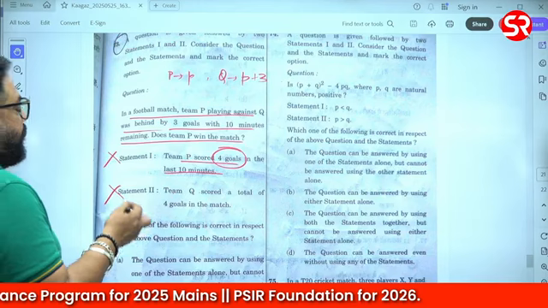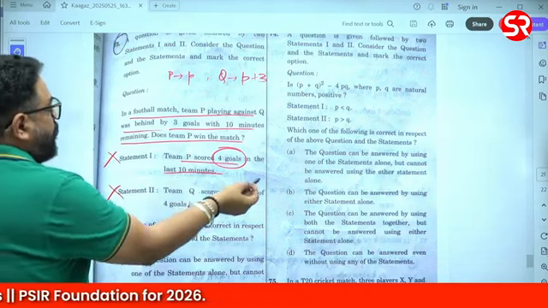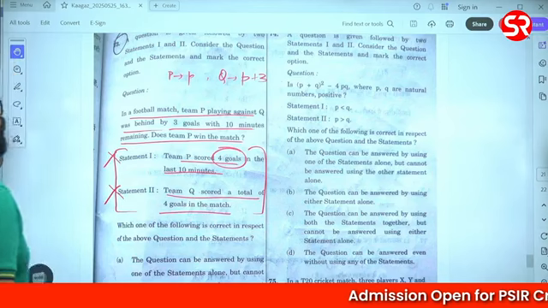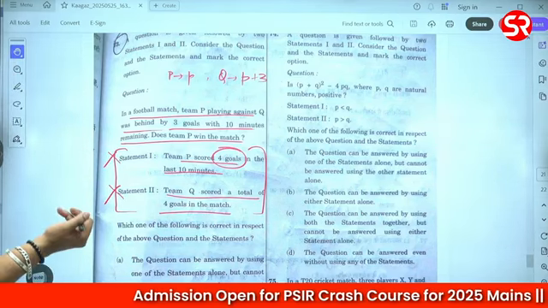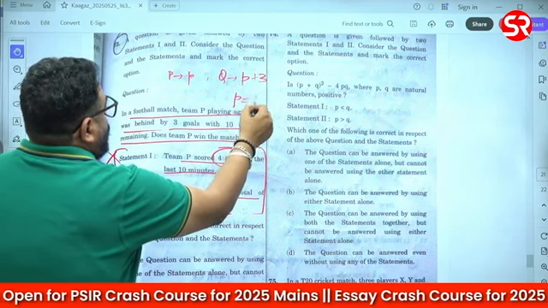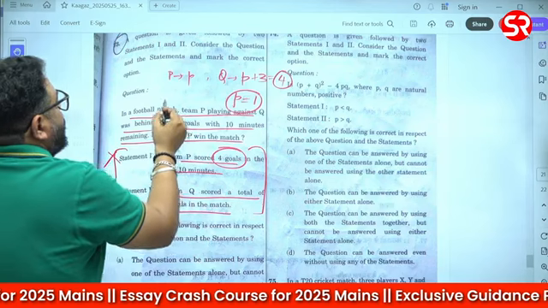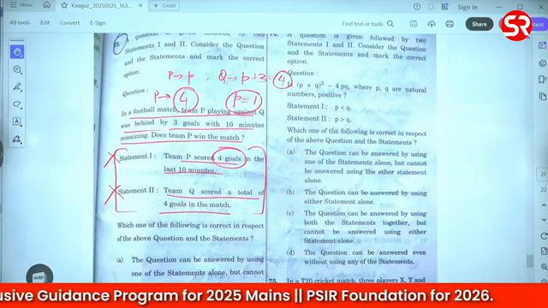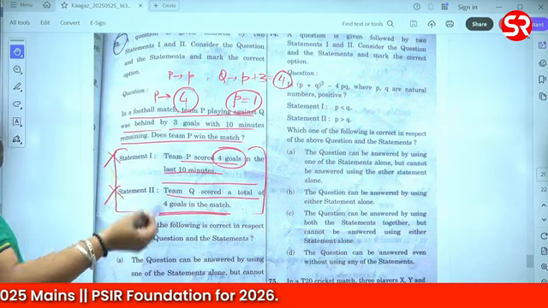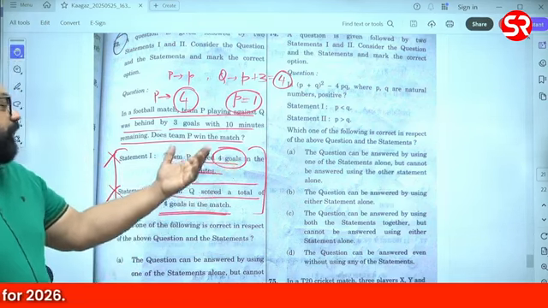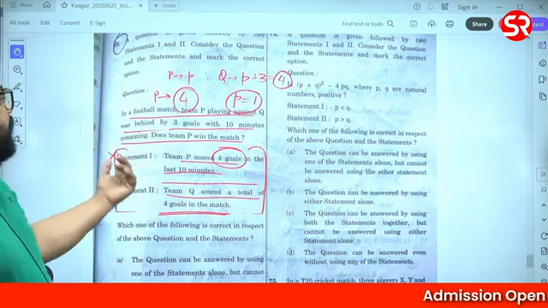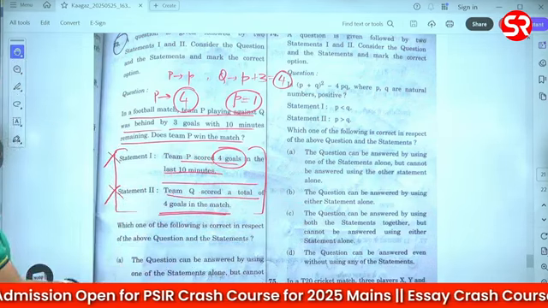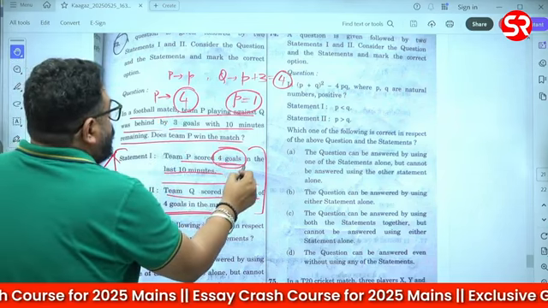Now if I mix them together, P scored 4 goals in the last 10 minutes, and Q has scored a total of 4 goals in the match. So P is equal to 1, which makes a total of 4, isn't it? Team P had scored only one goal until 10 minutes before, and then scored 4 more goals in the last 10 minutes.